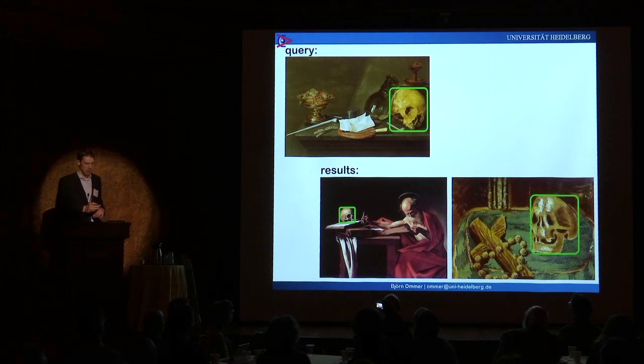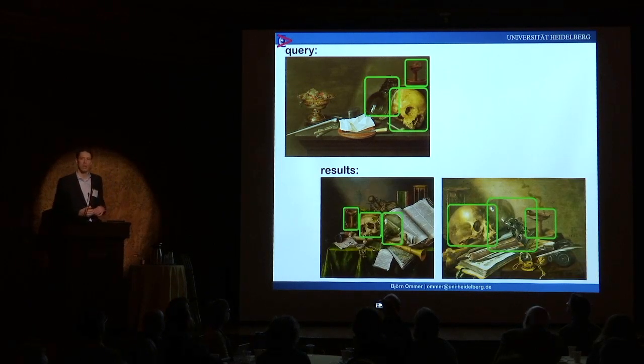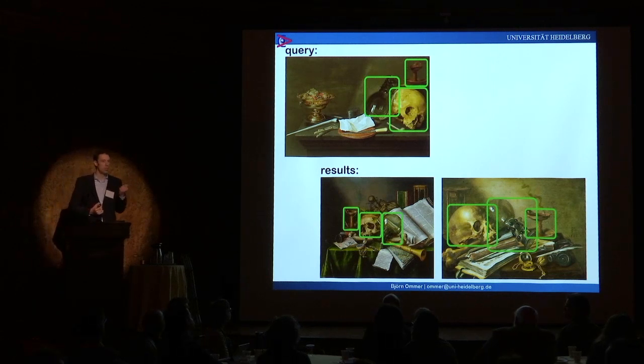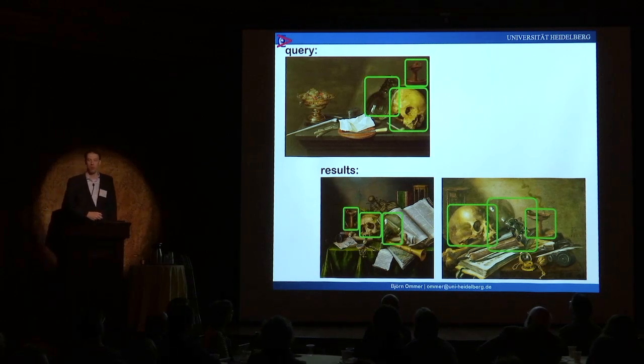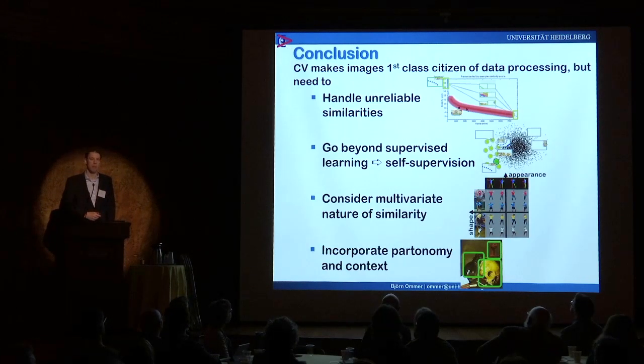What you want is an approach that enables you to select several parts, have a slider where you can adjust how rigid or how relaxed the spatial relationship between these parts is supposed to be, and then find other still lifes with exactly all of these objects in there with a more or less relaxed change of the spatial geometry.